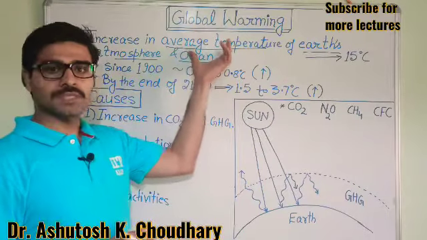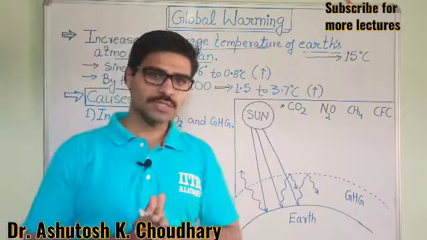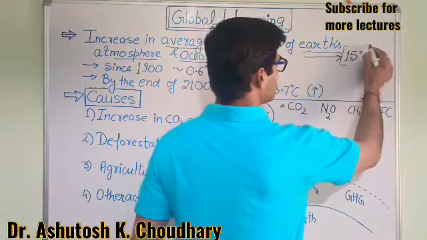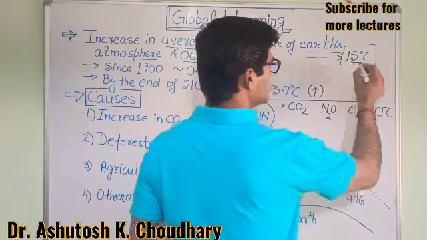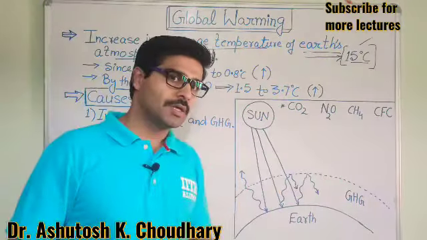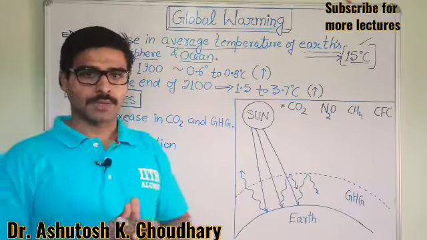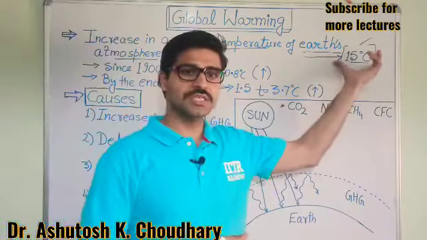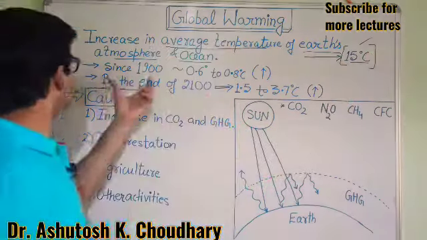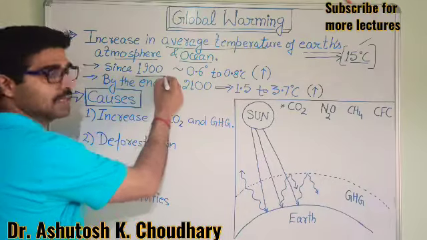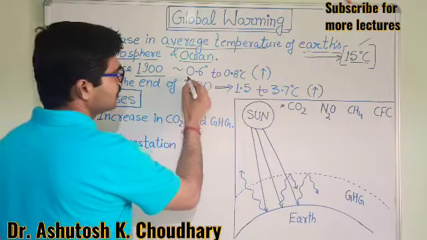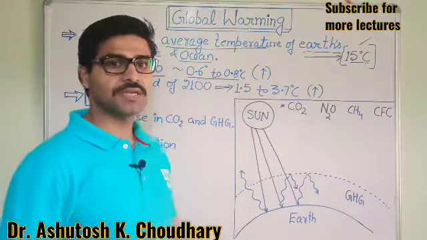Now the value of the average temperature of Earth's surface and ocean is about 15 degrees. Remember this point, this is very important. Due to global warming, this temperature is changing day by day, year by year. Since 1900, the change in average temperature is about 0.6 to 0.8 degree centigrade.